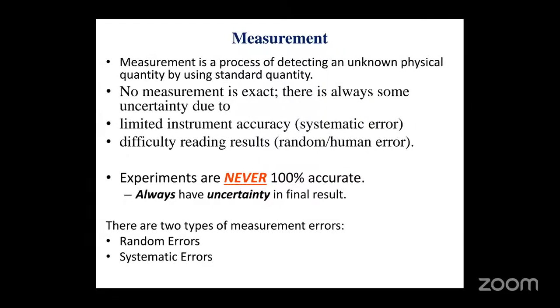Now, measurement. Measurement is a process of detecting an unknown physical quantity by using a standard quantity. So there are standard quantities that are accepted worldwide. Whenever we make a measurement, we make reference to the standard quantity. That is why, for instance, on your plastic bottle of water, you will see the size.